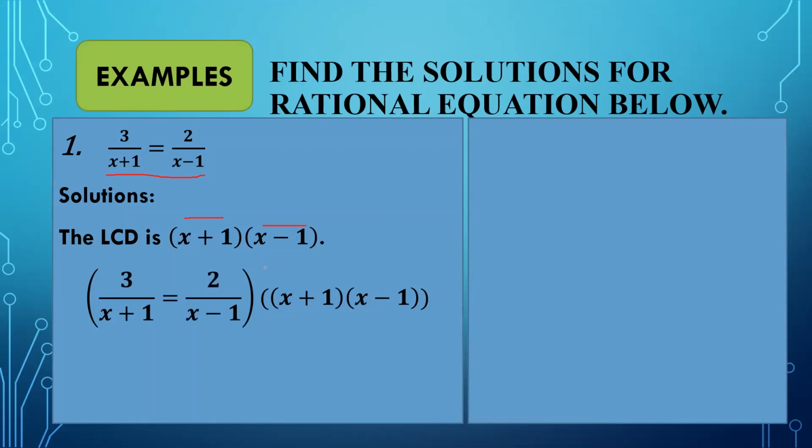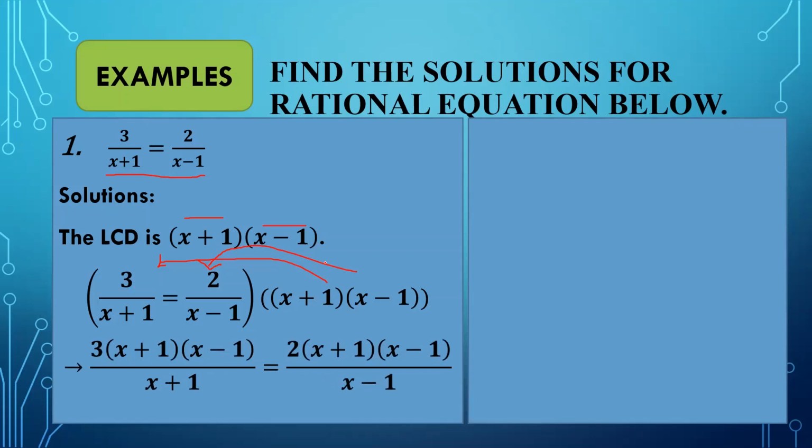So again, we will multiply this and distribute it to our original equation. So we have the quantity 3 all over (x plus 1) is equal to 2 all over (x minus 1), times the given LCD, which is (x plus 1) times (x minus 1).